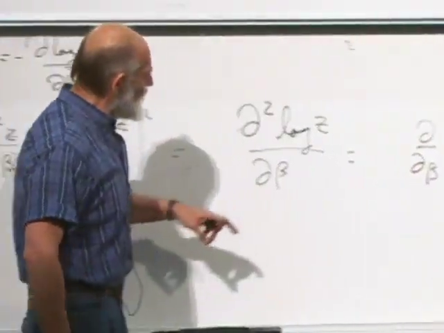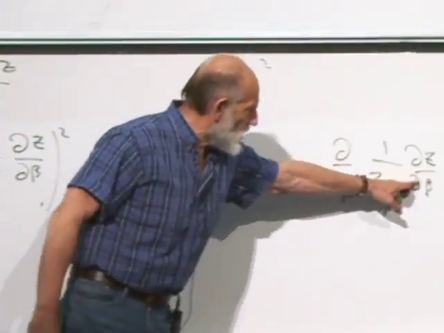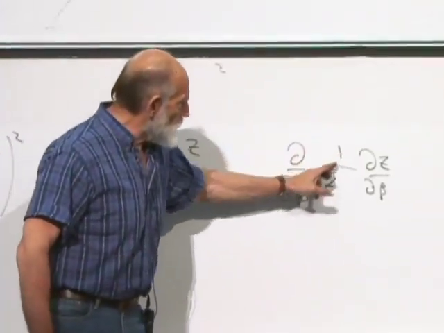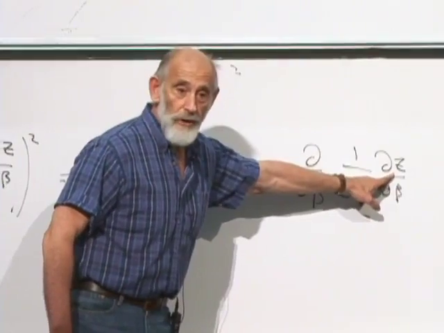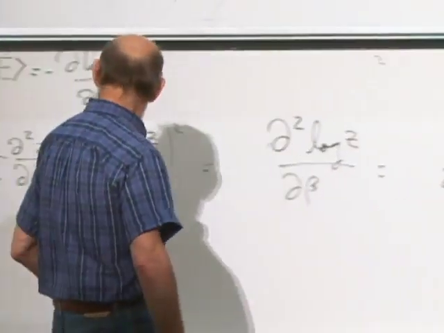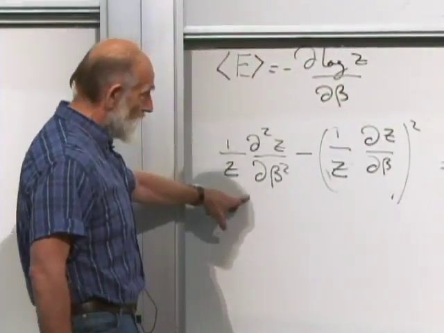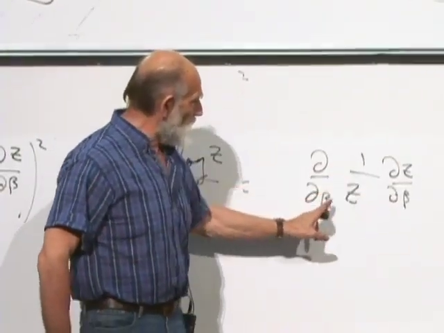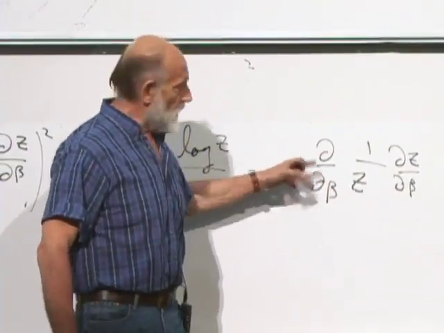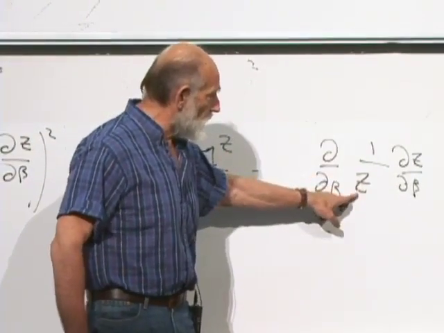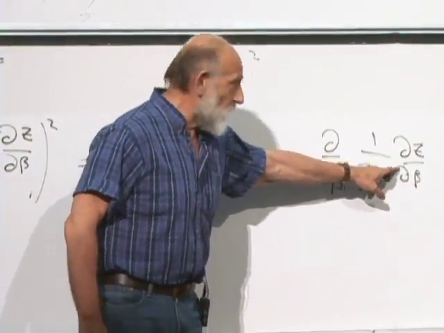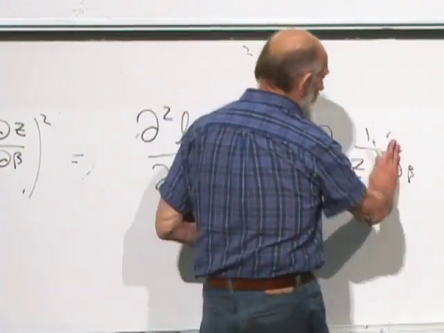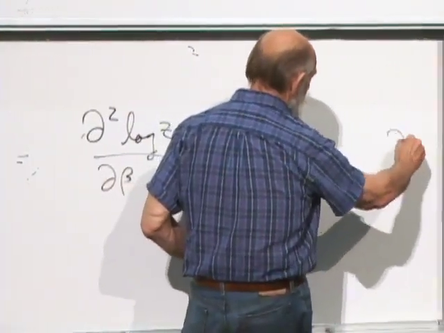All right, so what happens when we differentiate this product here with respect to beta? I get one term, which is 1 over Z times the second derivative of Z with respect to beta. That's here. Now what's the other term when I differentiate 1 over Z with respect to beta? That gives me minus 1 over Z squared, another factor, two factors of dZ by d beta. Is that clear?